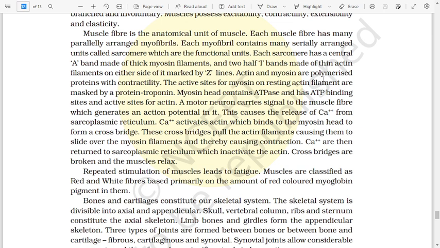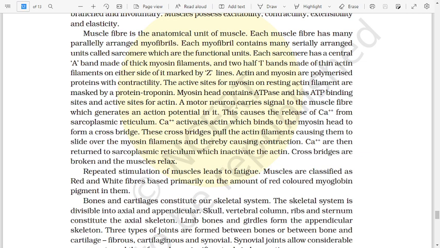Actin and myosin are polymerized proteins with contractility. The active sites for myosin on the resting actin filament are masked by the protein troponin. The myosin head contains ATPase and has an ATP binding site and an active site for actin.